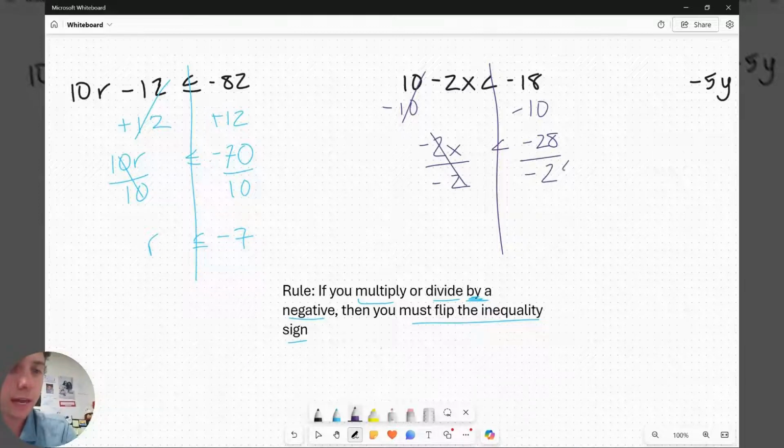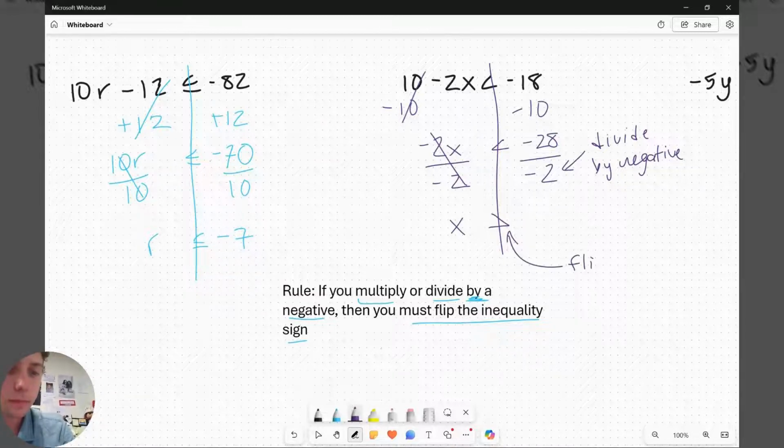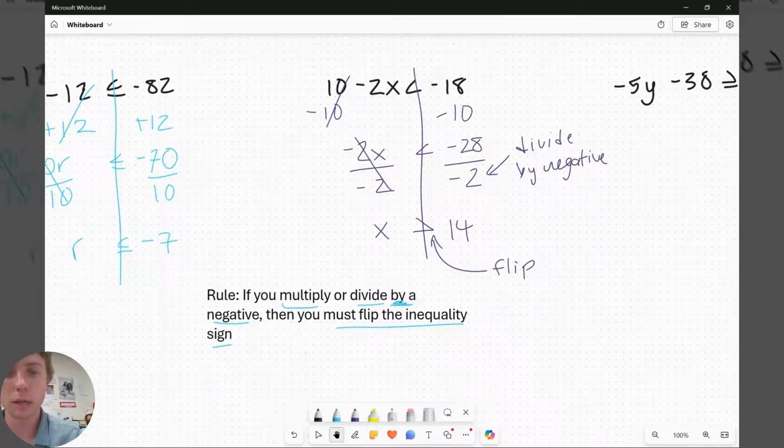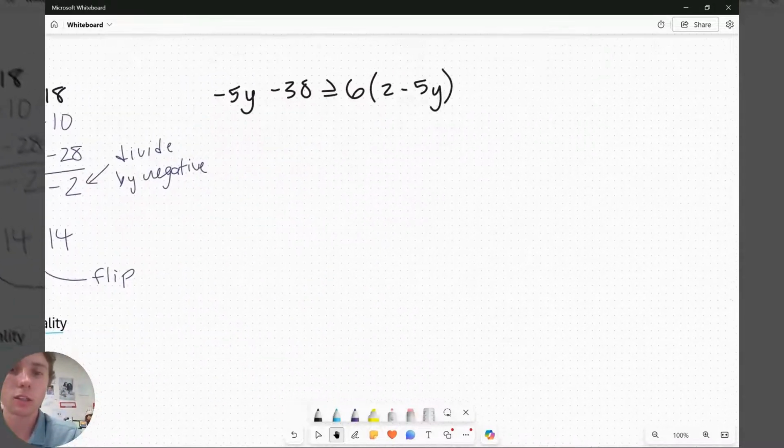Now you are dividing by a negative. Because you are dividing by that negative, what ends up resulting is the sign flips. Your last step then, just find that value, and now you have your final answer. It's only when you multiply or divide by a negative that it changes.